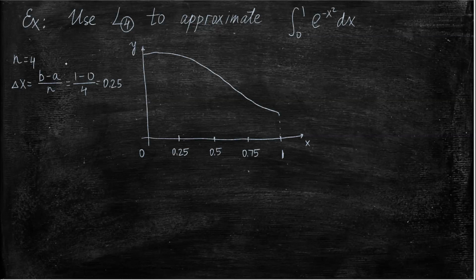Now, what does it mean to use left endpoint in a left endpoint approximation? That means in each of these 4 intervals, we're going to pick a representative on the left end of each interval. For each of those points, we're going to find the value of the function at that point.